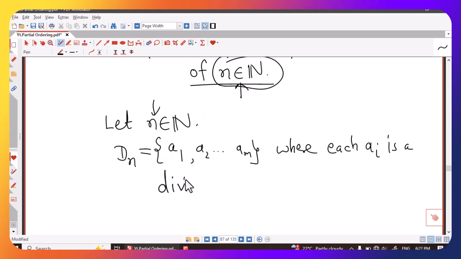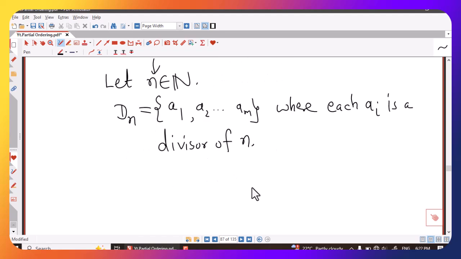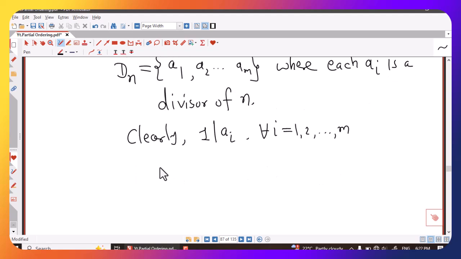Because a1, a2, up to am are positive divisors, clearly we can notice that 1 divides all these positive divisors: 1 divides ai for i equal to 1 up to m. That means 1 is related to every element.